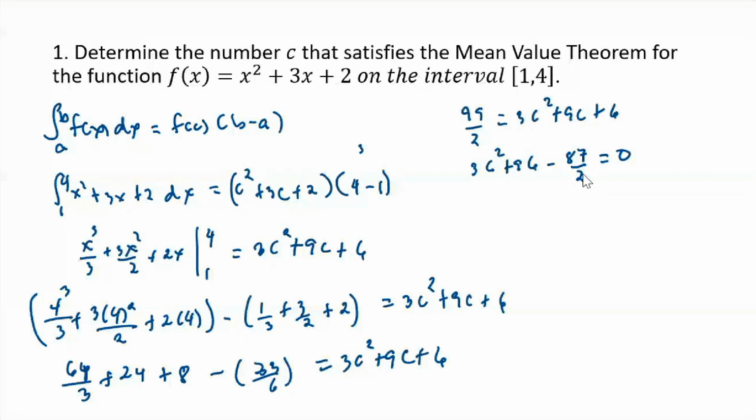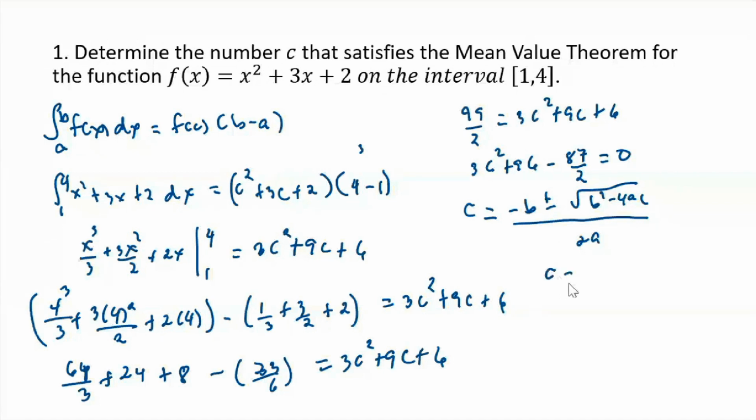Since the variable here is c, c is equal to negative b plus or minus the square root of b squared minus 4ac all over 2a. We know well from our algebra that a, b, and c are the coefficients of the quadratic equation. A is the coefficient of c squared, b is the coefficient of c, and the c in the discriminant is the constant term.